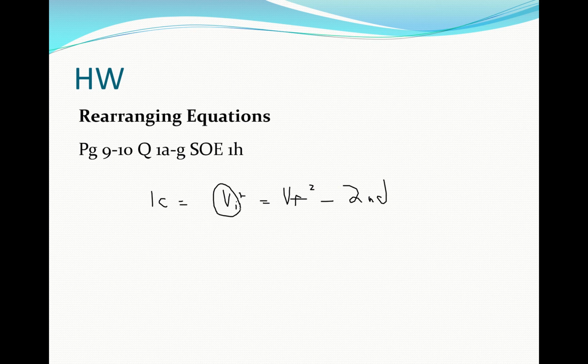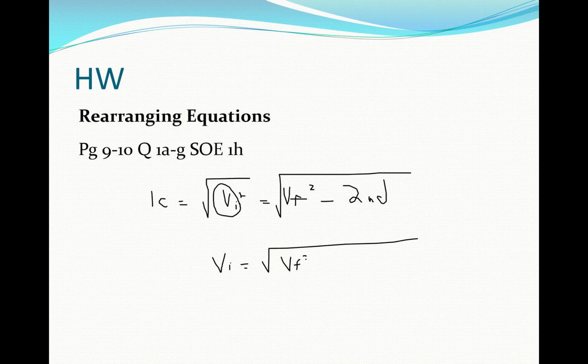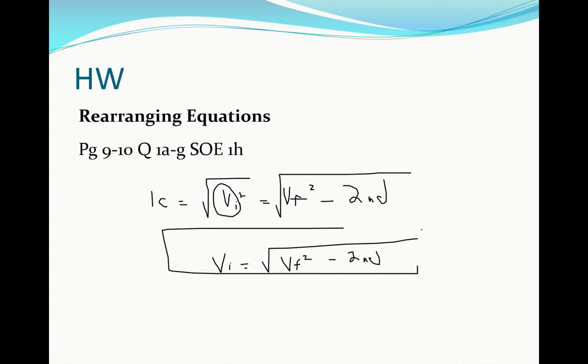So the last step that you would have to do is square root this side, and you would also have to square root that side. So the actual answer should be VI is equal to the square root of VF squared minus 2AD. And because there's adding and subtracting, this square root and this square doesn't cancel out. This is the only correct final answer that you could give for 1C.